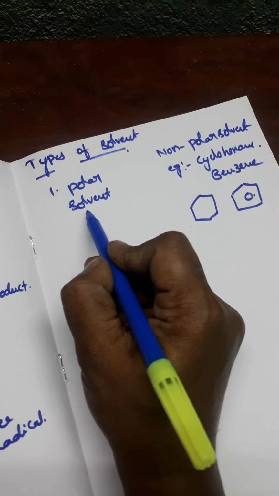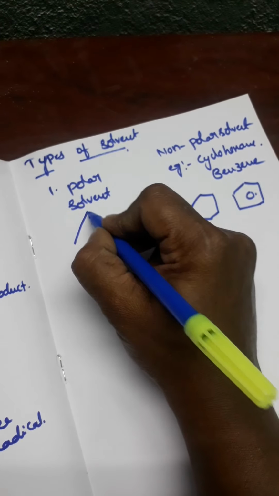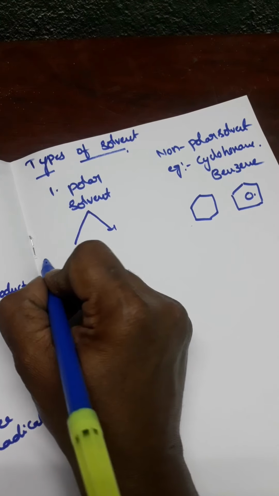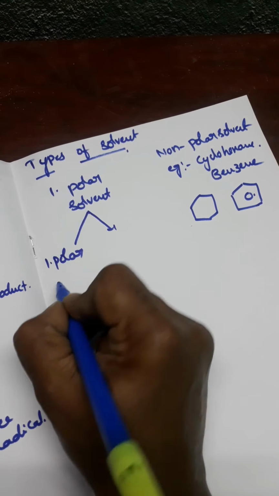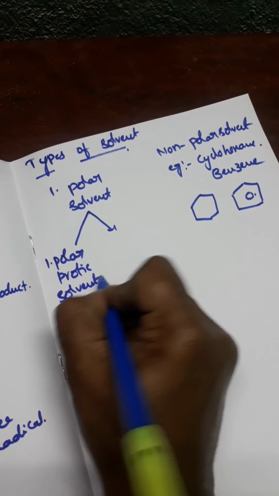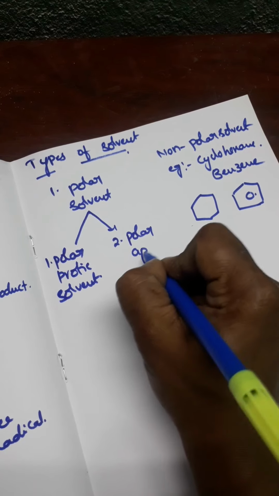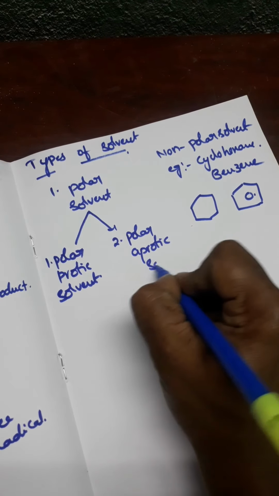Here the polar solvents are again of two types. First one is the polar protic solvent, and the second one is the polar aprotic solvent.